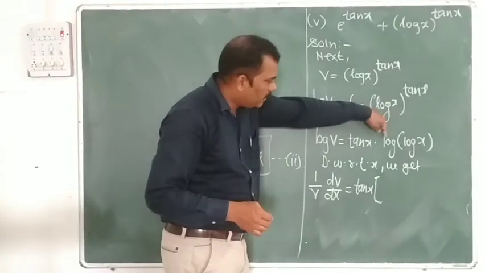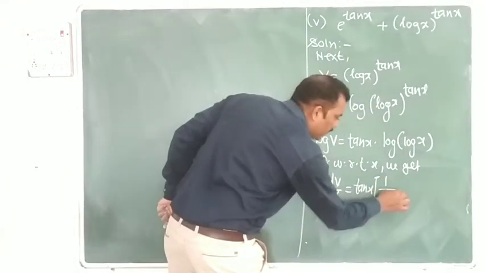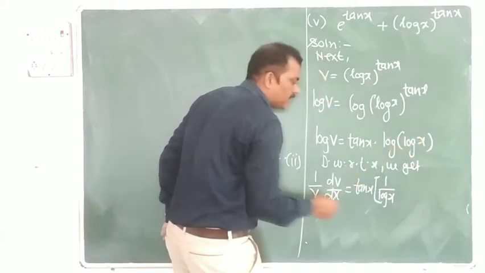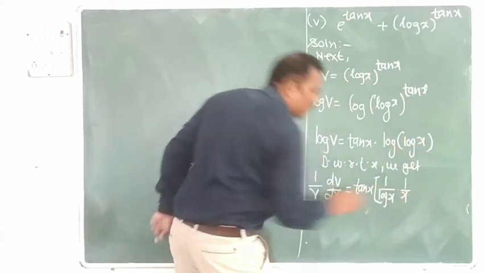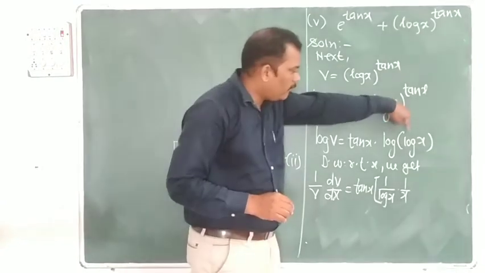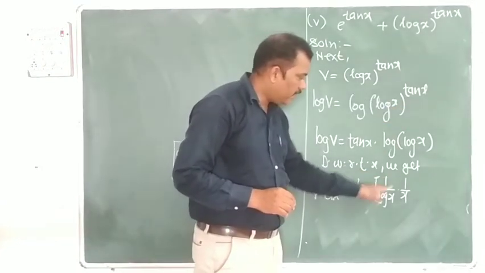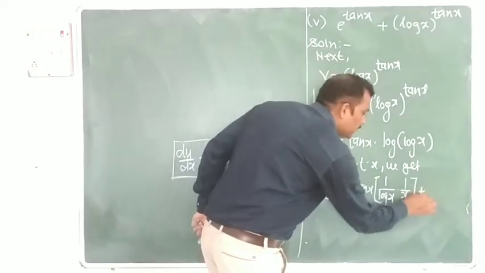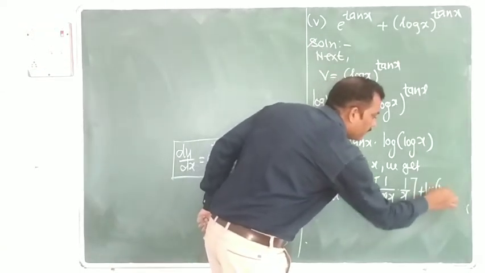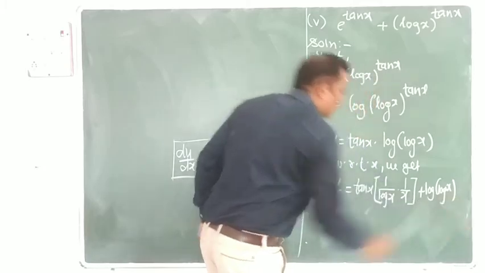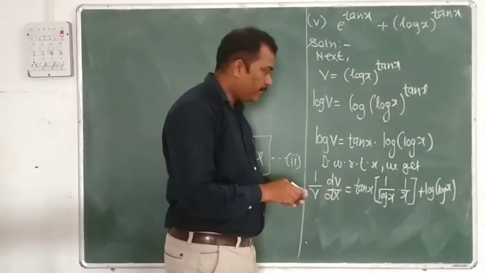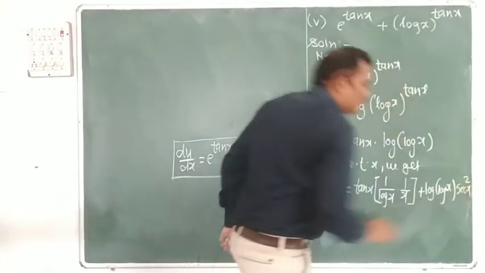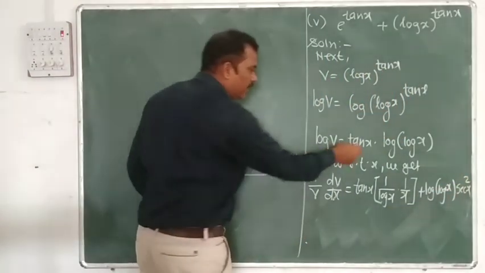First we keep the finger on this log, so we get 1 upon log x into the derivative of log x, which is 1 upon x. This total derivative of log of log x is 1 upon log x into 1 upon x, plus the second function as it is, log x, into the derivative of tan x. What is the derivative of tan x? It is nothing but sec square x.